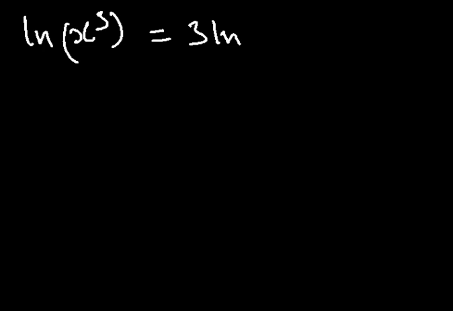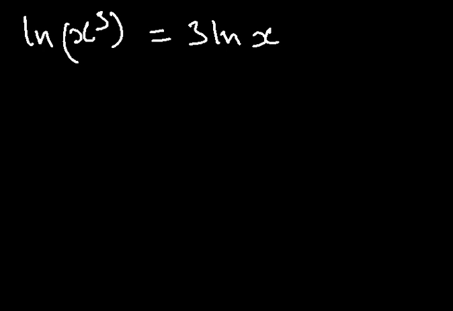So now, let's say we have this case. We have ln x cubed is equal to, let's say, 3 ln x. So now, how should you be able to solve for this?